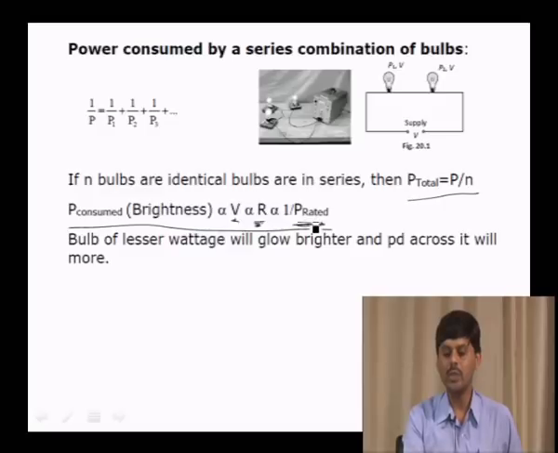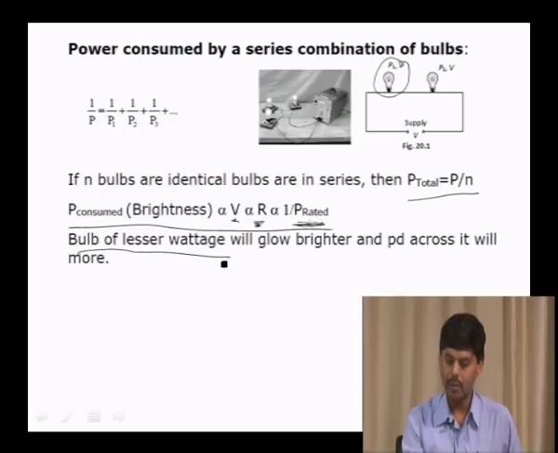Suppose we have 40 and 60 watt bulbs; 40 is the lowest watt. According to this relation, the lower watt bulb glows brighter because it is inversely proportional. In words, the bulb with lesser wattage will glow brighter and the potential across it will be more.